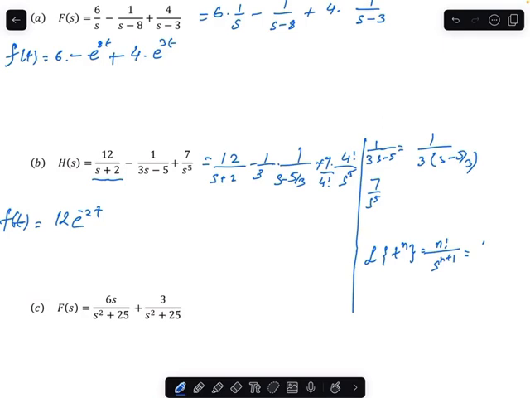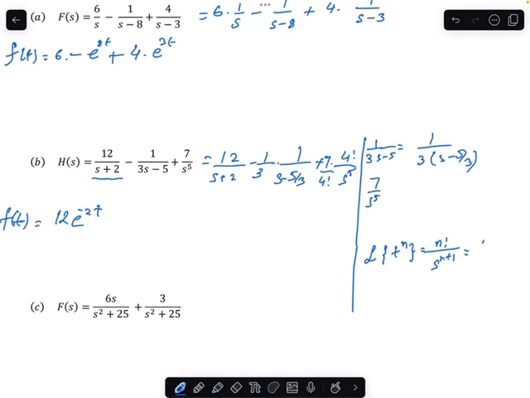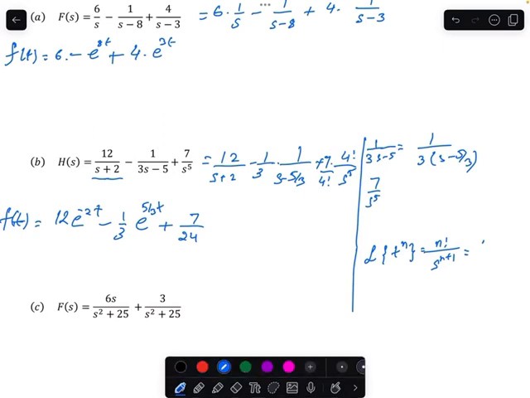Now when I come here, so second term is going to be 1 over 3 e to the 5/3 t plus 7 over 4 factorial is 24. 7 over 24 times the inverse Laplace transform of that one is just t to the 4.